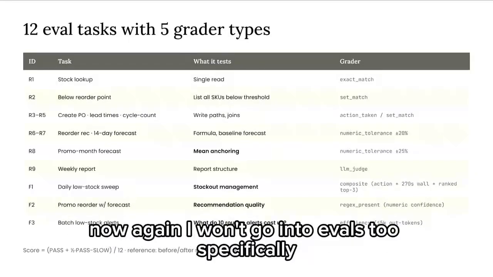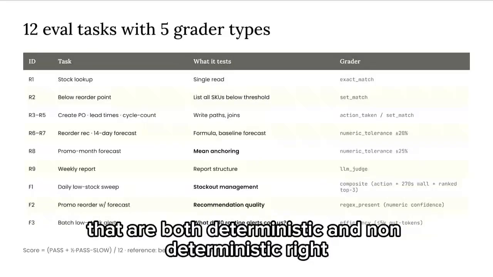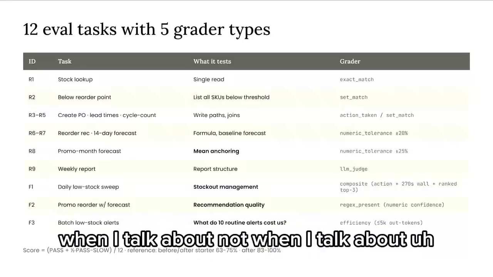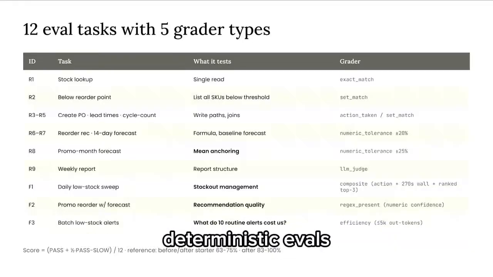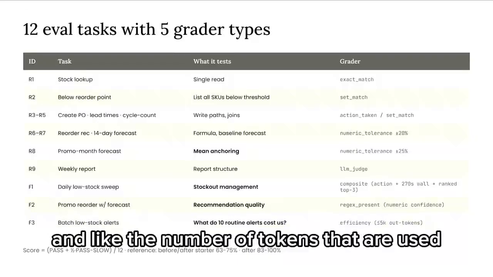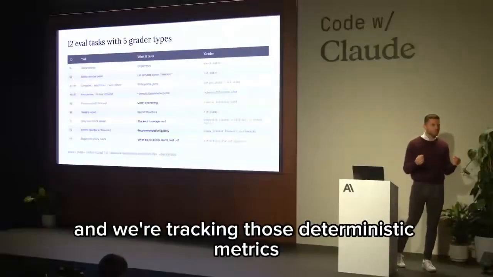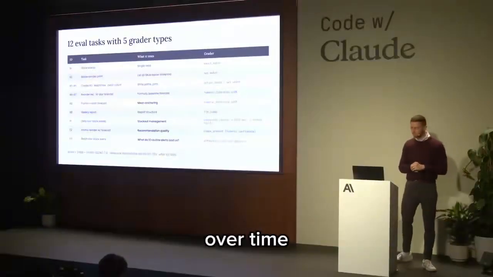Now, again, I won't go into evals too specifically. We have a number of different types of graders that are both deterministic and non-deterministic. When I talk about deterministic evals, we're grading things like turn count and latency and the number of tokens that are used as our agent is completing a particular task, and we're tracking those deterministic metrics over time.